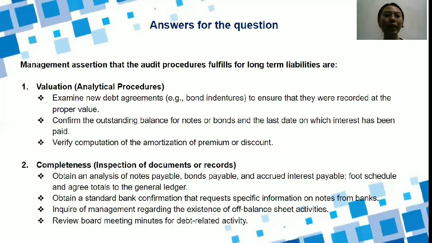They also can obtain a standard bank confirmation that requests specific information on notes from the bank. They can also inquire of the management regarding the existence of off-balance sheet activities, if applicable, and lastly review the board meeting minutes for that related activity. Okay, that's all from me. Thank you.